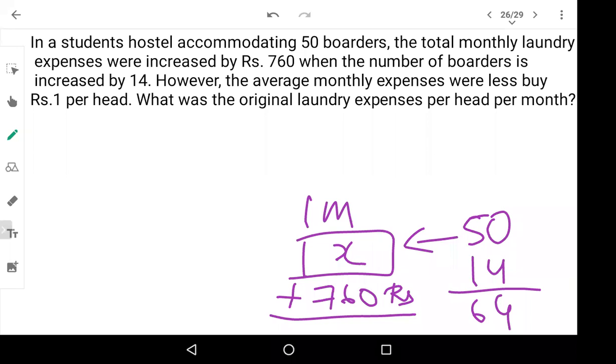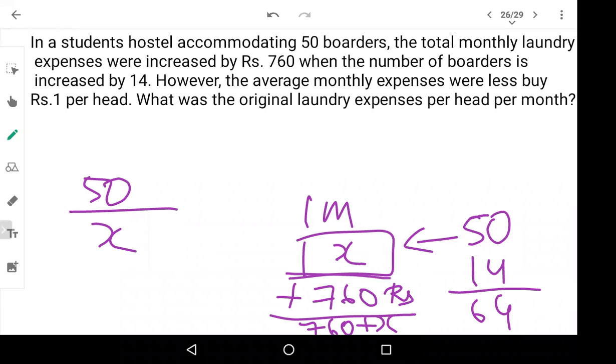Okay, and now there is a new thing, that is x plus 760, which is provided. This is the total cost. Now the next thing: however, the average monthly expenses were less by 1 per head. So before, 50 people were sharing the monthly cost.